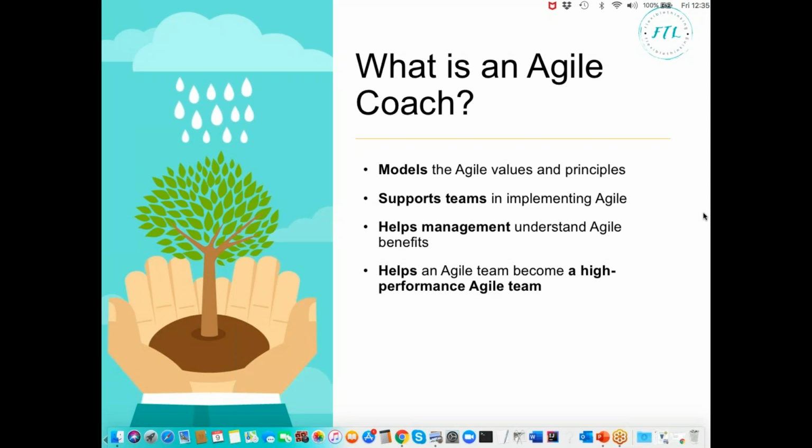It's helping those other groups, individuals, layers of management that we need to interact with understand Agile and the Agile benefits, but more importantly, helping them get how they need to potentially change their behaviors and modify how they ask for things, so they better support our team and help our team deliver more effectively and more efficiently.